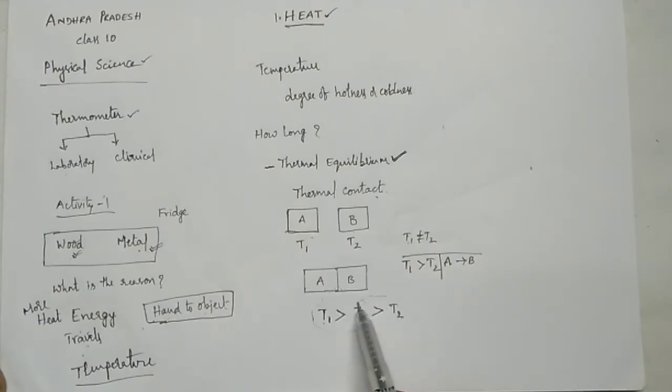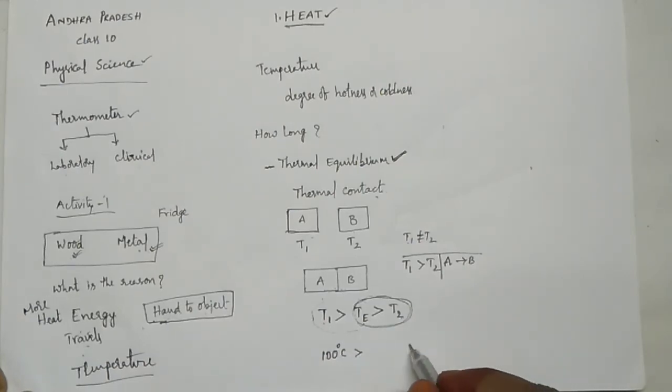If I consider the thermal equilibrium and the cool body, the equilibrium will be greater. For instance, if I take a hot body at 100 degrees Celsius and a second object at 70 degrees centigrade, the thermal equilibrium will lie in between.